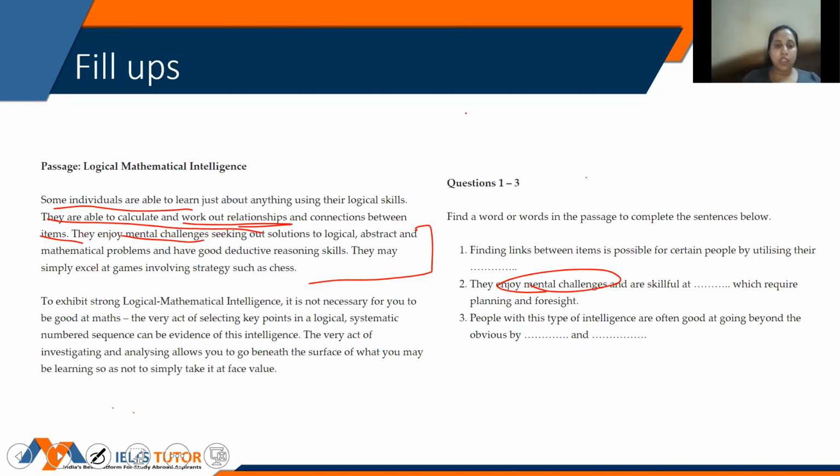I will explain this. There's a confusion between chess and games. I will tell you what the answer is and why. If you see, they enjoy mental challenge in seeking out solutions to logical, abstract, and mathematical problems, and are skillful at dash, which require planning and foresight, and have good deductive reasoning.